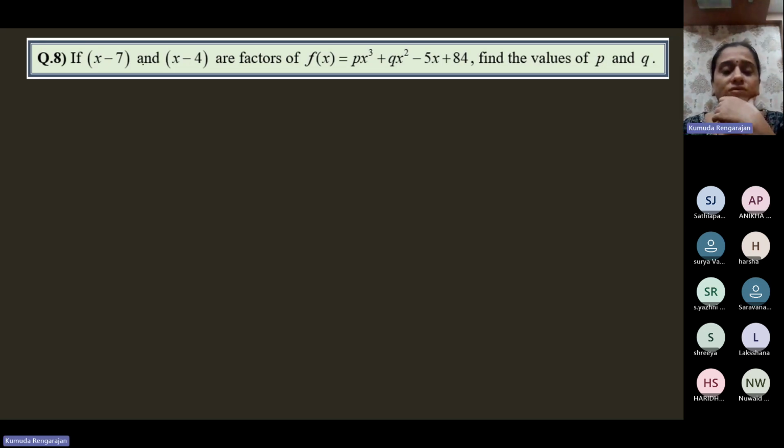Okay, so what information is given to us? X minus 7 and x minus 4 are factors. So that means when you divide f of x by x minus 7, the remainder is 0 because x minus 7 is a factor of f of x. Similarly, x minus 4 is a factor of f of x, so when you divide f of x by x minus 4, the remainder is 0.